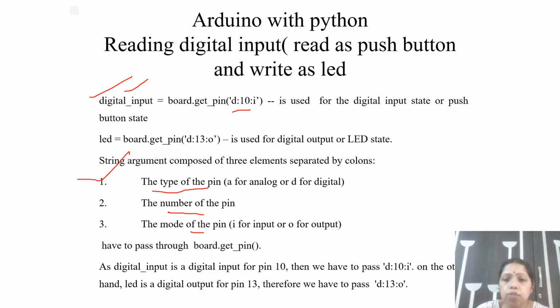You have to store this in one variable: led is equal to the same syntax board.get_pin within brackets, digital only here also, 'd:13:o', because the LED is connected to pin number 13. Here I am going to send logic 1 or logic 0 from the Arduino to the LED, so the LED acts as an output pin, so it is o. So you have mentioned the input pin and the output pin and output mode here.